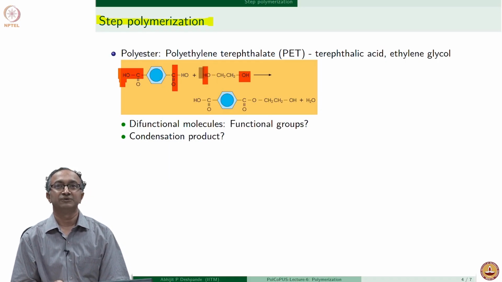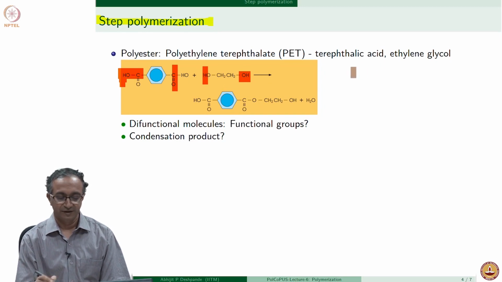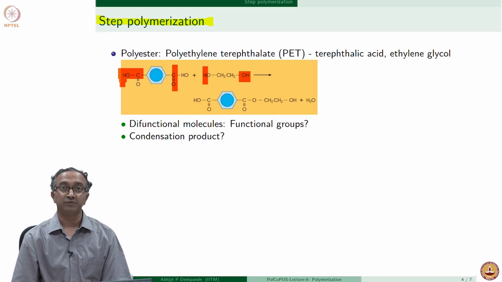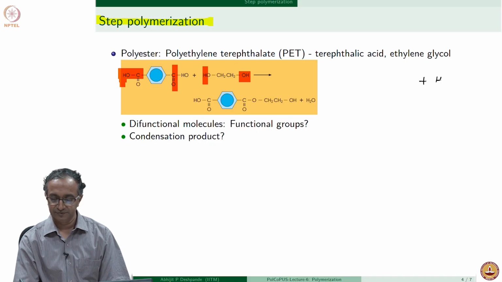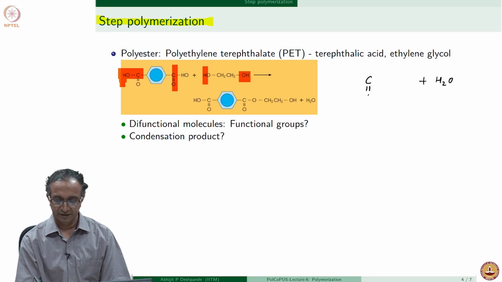So each hydroxyl unit can react with one carboxylic acid. And so the basic reaction that's happening in this is that a water molecule is taken out, and this you would be familiar with, and then an ester bond is formed.